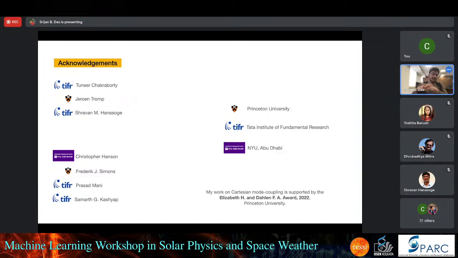For the Cartesian coupling cases, I'm in active collaboration with Christopher Hansen of NYU, Frederick Simmons of Princeton, and Prasad Subramaniam, who is a student at TIFR, as well as Samarth, who is one of the attendees of this meeting. This work on Cartesian mode coupling that I'm doing over the summer is funded by the Elizabeth H. and Darren F. A. Award 2022. Yeah, that's how I'm sustaining myself.